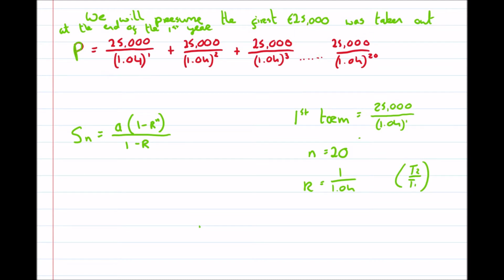Now, if you just look at this in the green, I say we will presume the first 25,000 was taken out at the end of the first year. So if all the money was invested at the start of the first year and taken out at the end, then this 25,000 would get 1 year's interest. However, let's say he invested the money today, at the start of the year, and then tomorrow he takes out his first 25,000. Well then, that wouldn't be 1, it's 0, because he's not going to get a full year's interest for that.